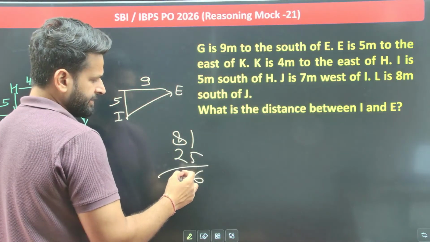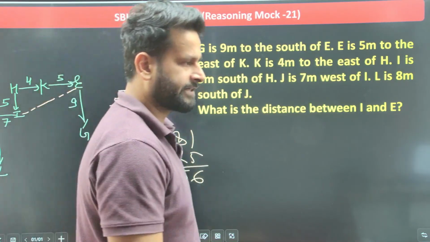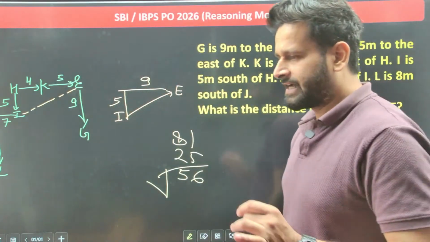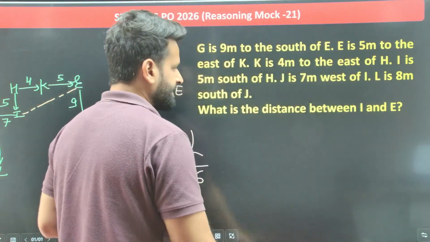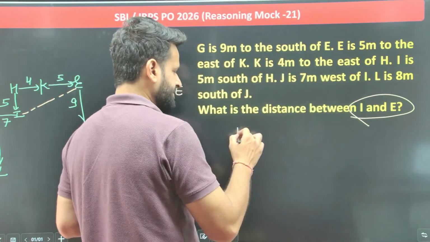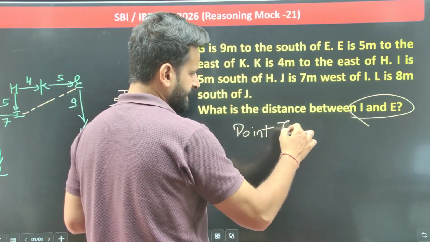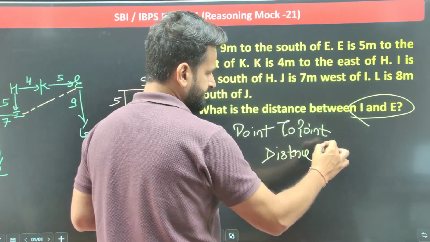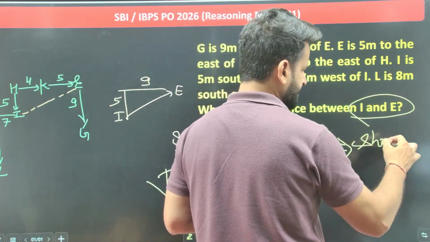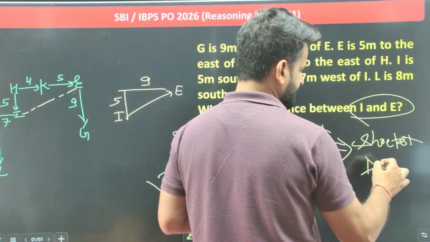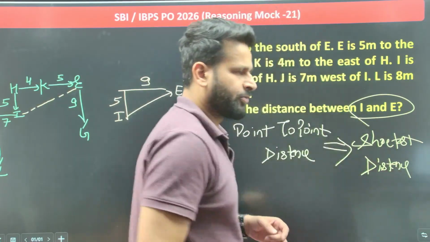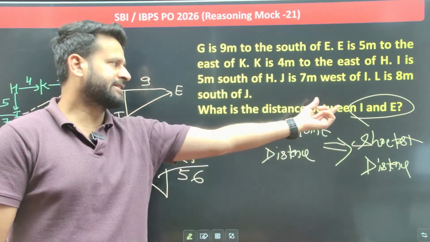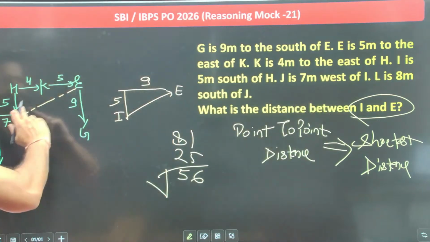Whenever it is asking distance, point to point distance, always remember that point to point distance is always the shortest distance. It is asking point to point distance. Find the distance IE. So that means IE, shortest, right?